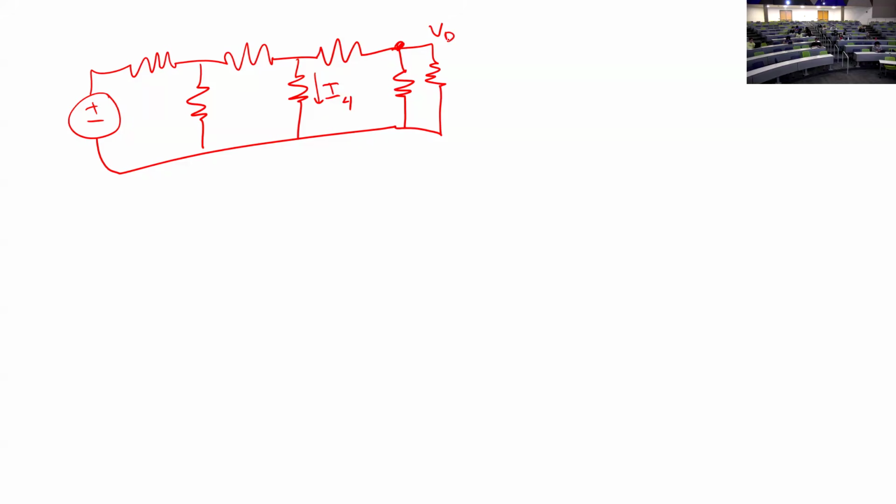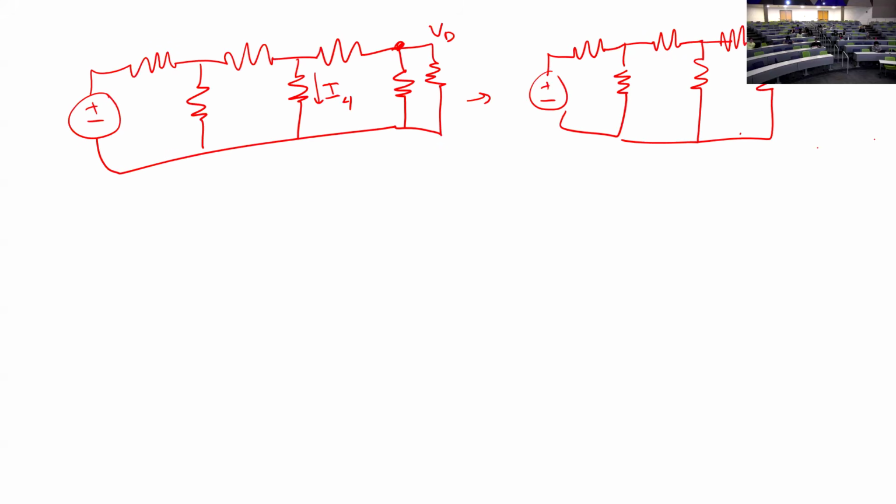One of the ways we can do this is by combining resistors one step at a time. So eventually, I'll combine this first. I'll combine the things that I see that are easy, like this.